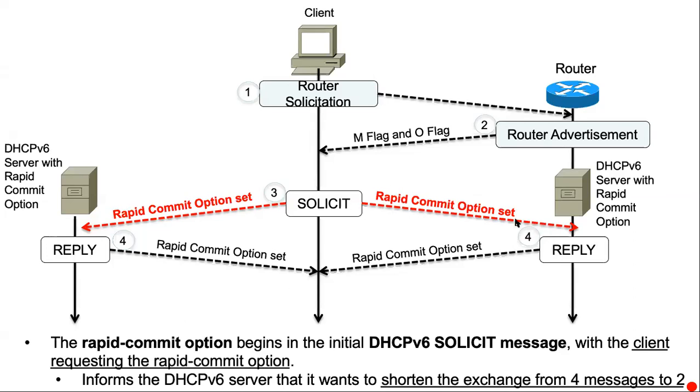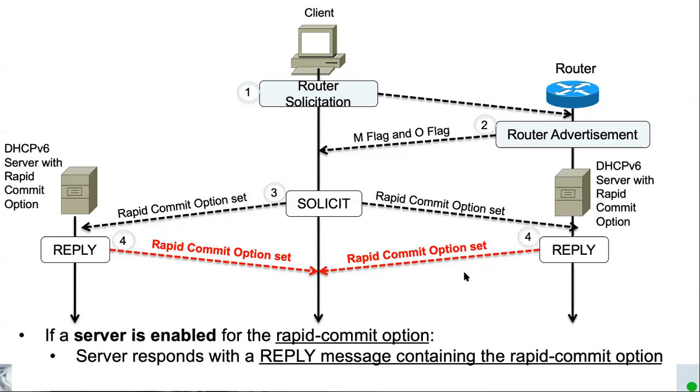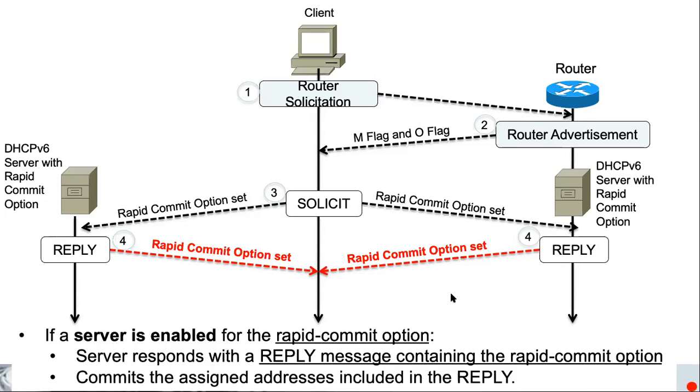So that's the rapid commit option, saying, hey, are you willing to do this in 2 messages and send me the information? And if the server replies with the rapid commit option set, it says, yeah, here's all your address and information that I'm giving you as part of my stateful or stateless service, either one. And that's all that's needed here. We don't need to talk any further. It's all yours.